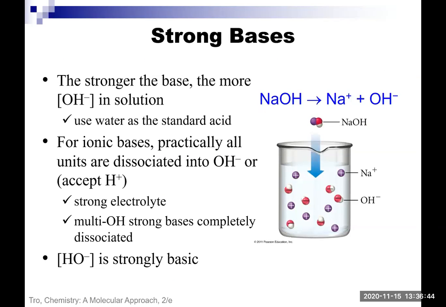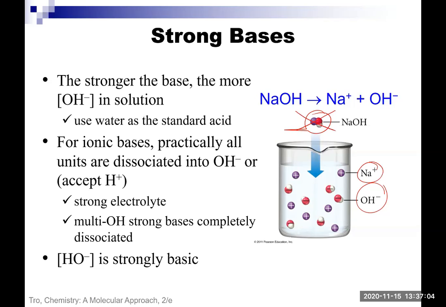To get a visual on a strong base, we can look at sodium hydroxide. If we put sodium hydroxide into a solution, what you notice is that we no longer have sodium hydroxide here. In this solution, in fact, all we have is Na plus and OH minus.